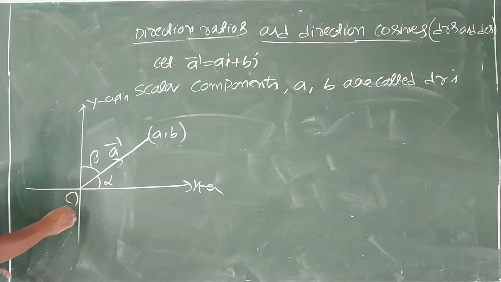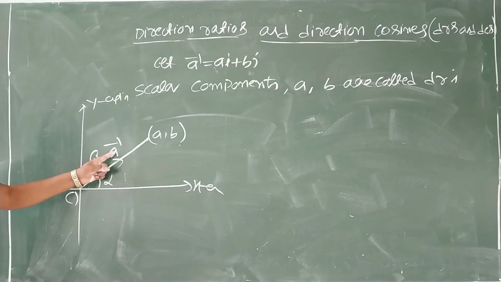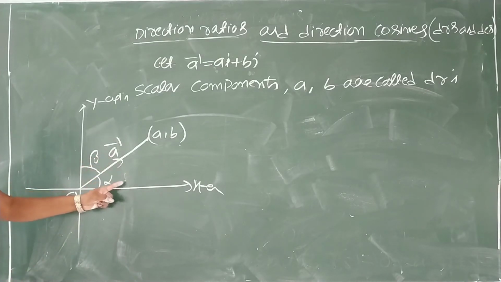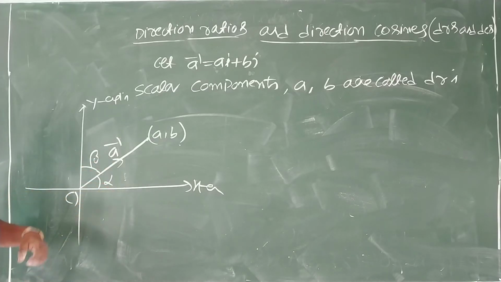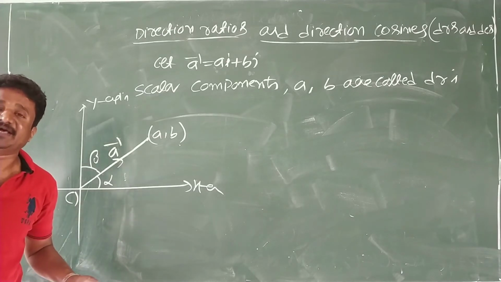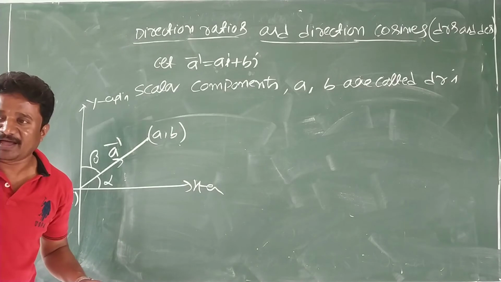So origin. What is the angle between vector A and x-axis? Alpha. Angle between vector A and y-axis? Beta. Throughout this vector chapter, the angle between any vector and x-axis is always alpha. The angle between any vector and y-axis is always beta. The angle between any vector and z-axis is always gamma.